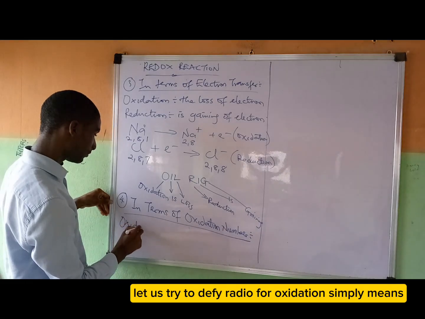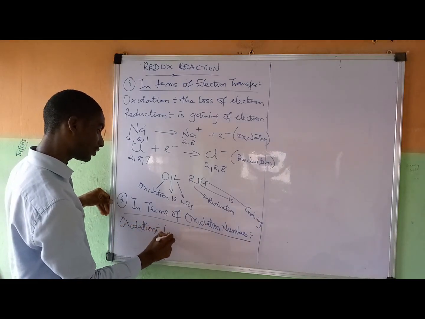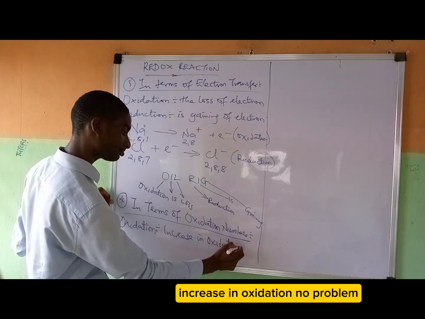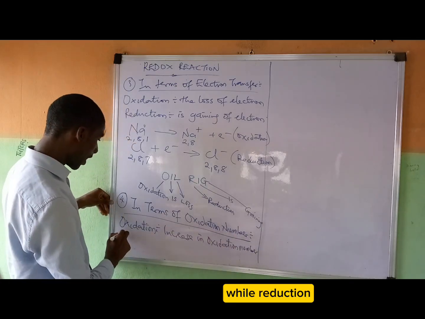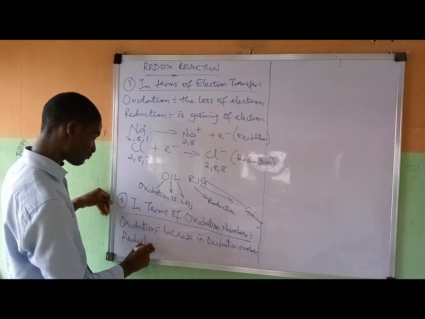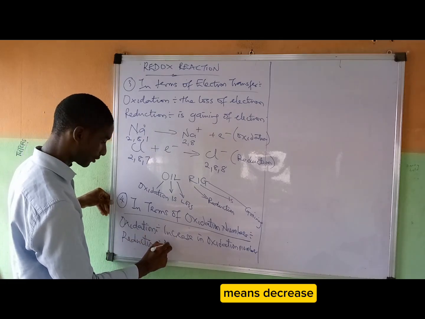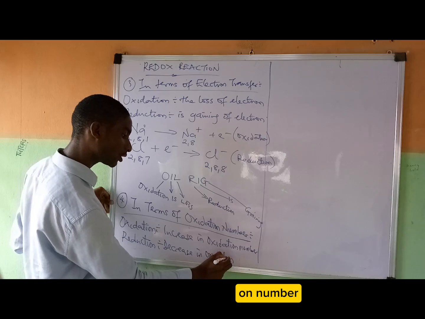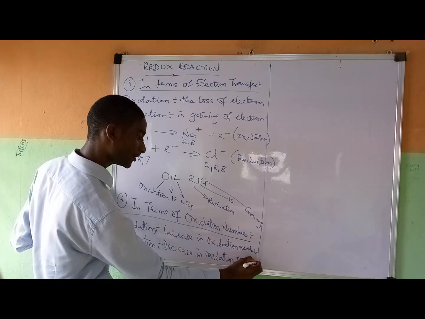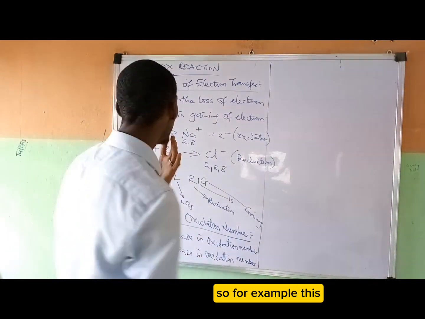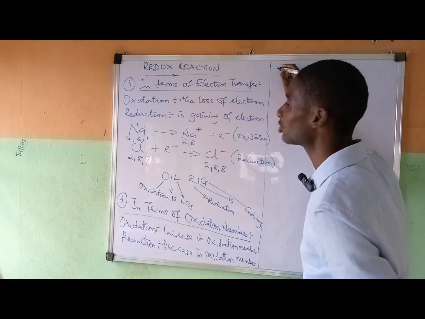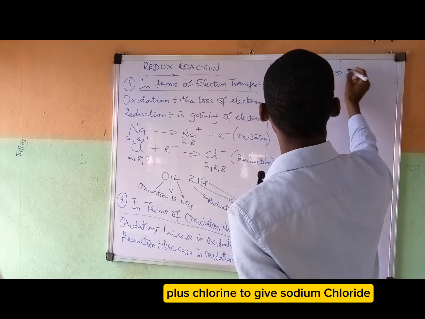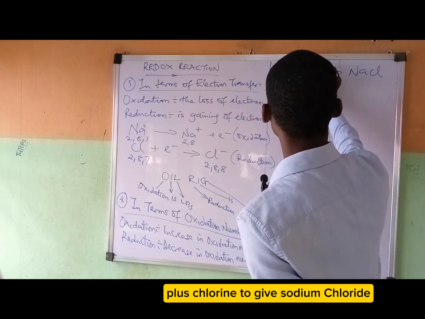Oxidation simply means an increase in oxidation number, while reduction means a decrease in oxidation number. So for example, let's see sodium plus chlorine to give sodium chloride.